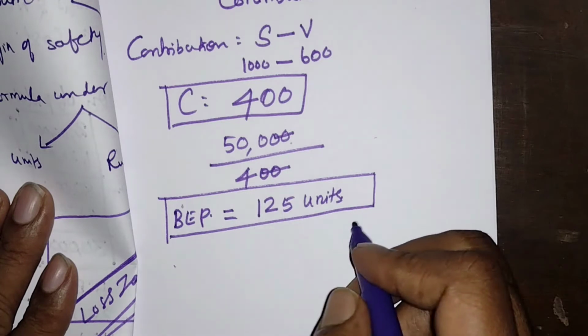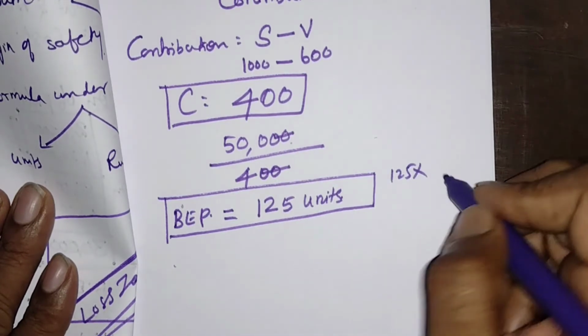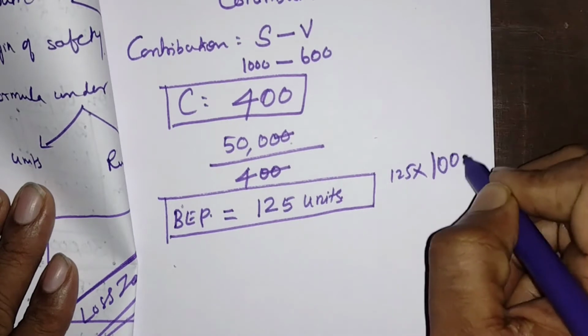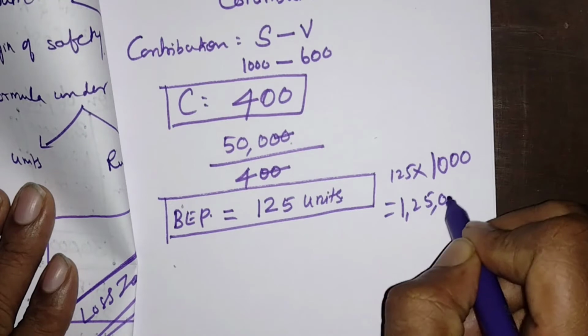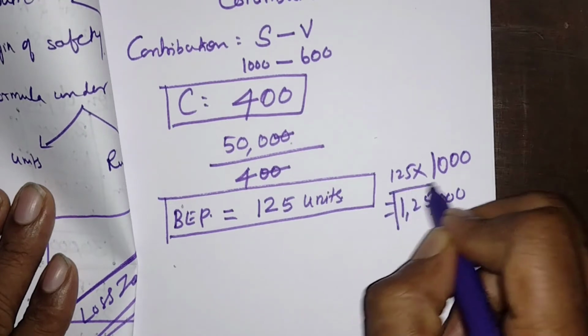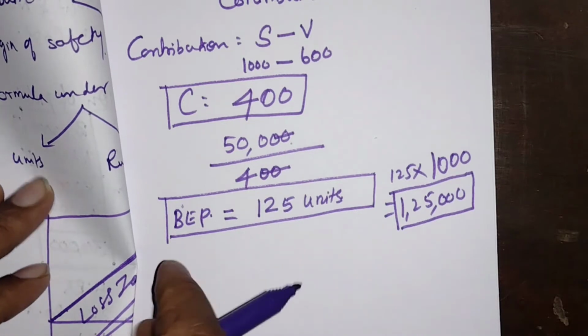Now what you do, just multiply this 125 units into 1000 rupees. If you multiply that, 1,25,000 rupees will be the BEP in rupees you will get.